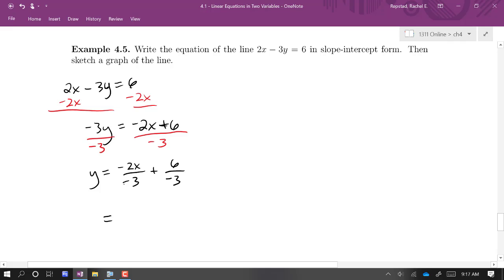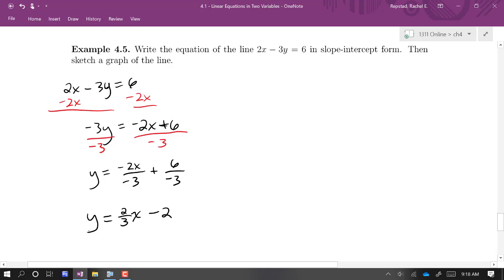So negative 2x over negative 3 is a positive 2x over 3, and I'm going to simplify that by writing it as 2/3 times x. And then it matches up with that slope-intercept form as a slope times x. And 6 over negative 3 is a negative 2, so minus 2. And we get y equals 2/3 x minus 2.